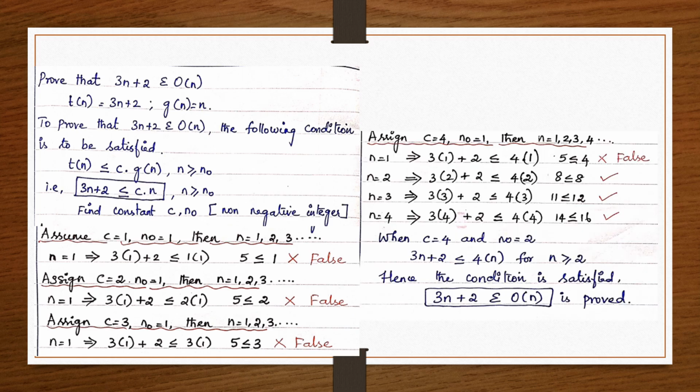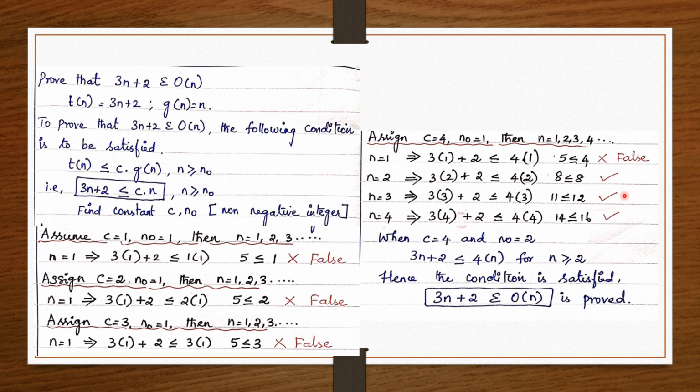Then I am taking c as 4 and again n as 1, 2, 3, 4. When n is 1, 3 into 1 plus 2 less than or equal to 4 into 1. Is 5 less than or equal to 4? No. But when I substitute n as 2 and c as 4, this condition is satisfied, so it becomes true.